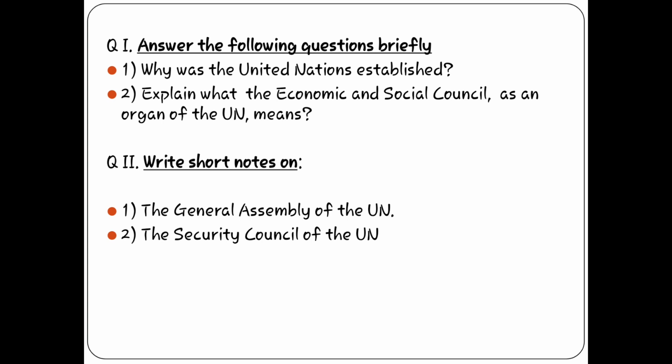Clear? Second question, the Security Council of the United Nations. Same page, page number 20. Under the heading Security Council, we have 2 paragraphs. Both the paragraphs you are supposed to write in 1 paragraph. I hope it is clear for you.